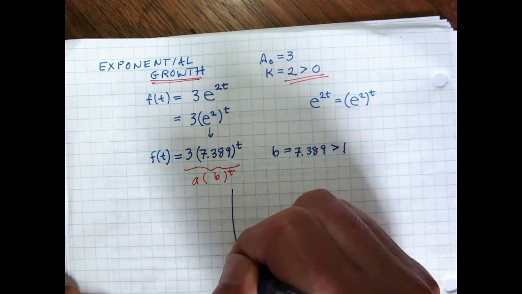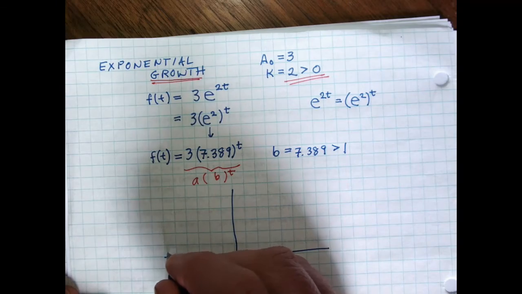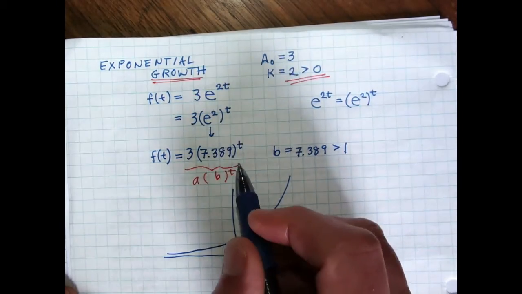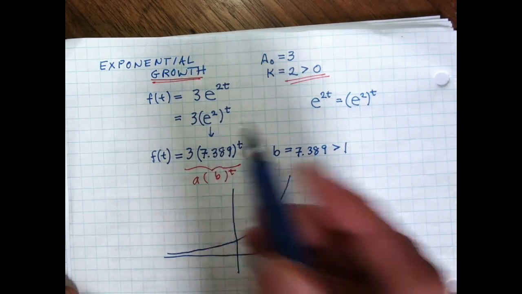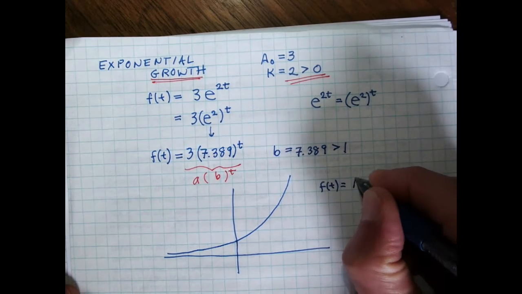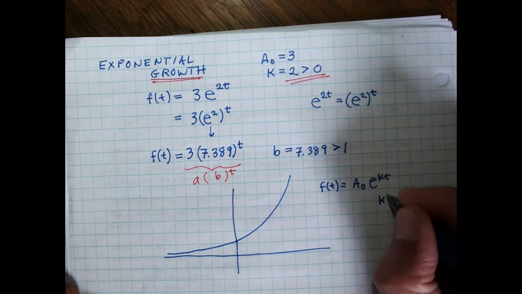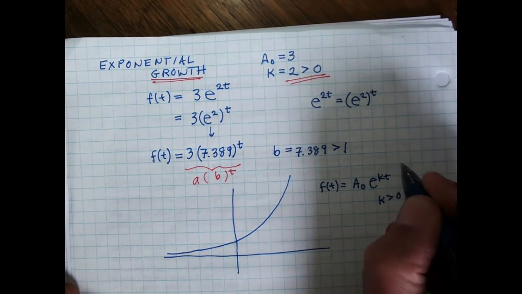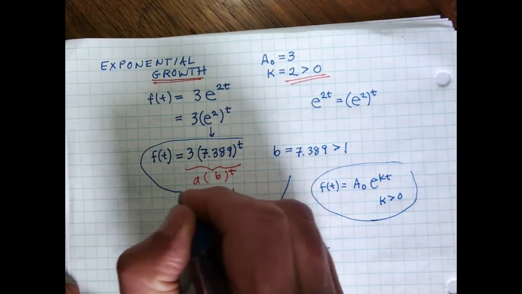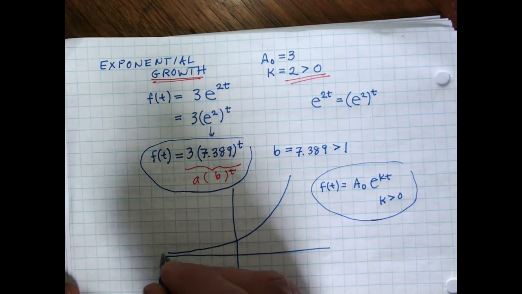And we know when the base is greater than 1, the exponential graph is going to be shaped like so. So there is a connection between f(t) = a0 e^(kt), where k is greater than 0, and this f(t) = a·b^t.